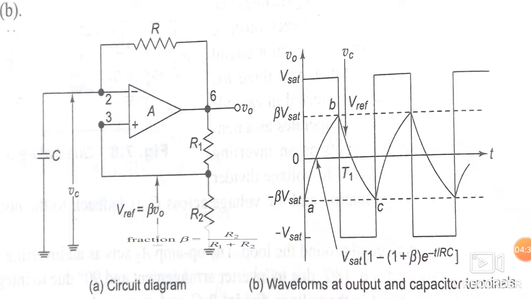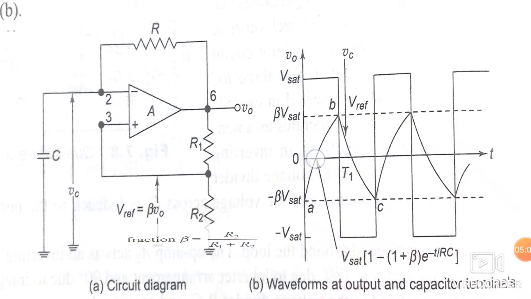It starts charging from minus beta Vsat, but let us say it starts charging, right? It will charge up to plus Vsat.